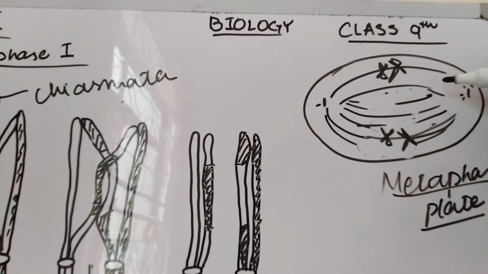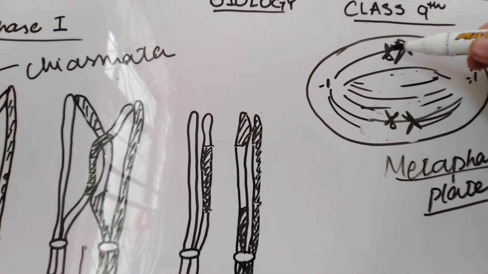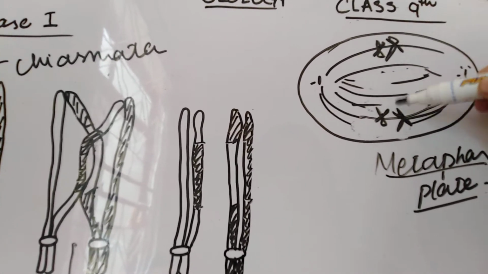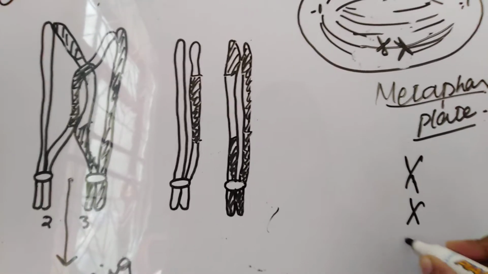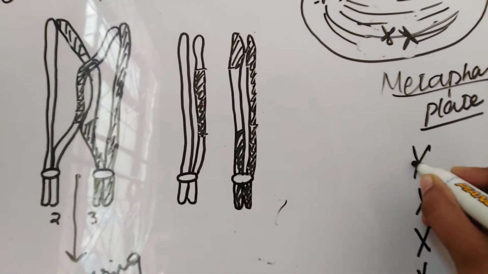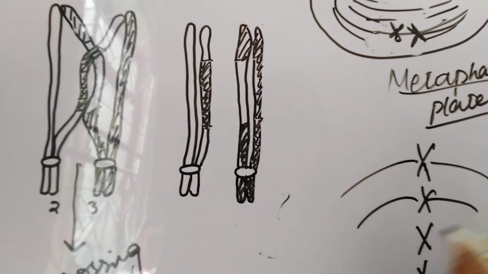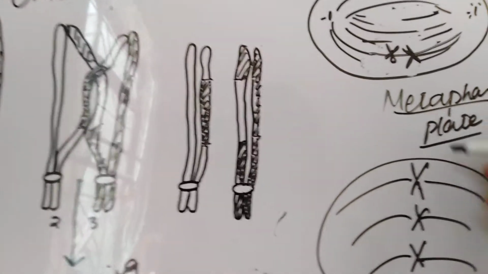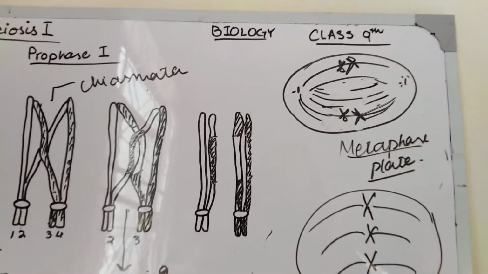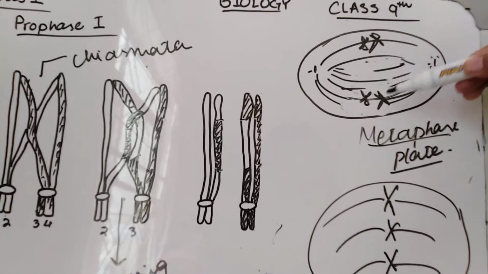In mitosis, we have studied that chromosomes align in a single line like this, but in meiosis they are not in a line up, they are present in the form of pairs.